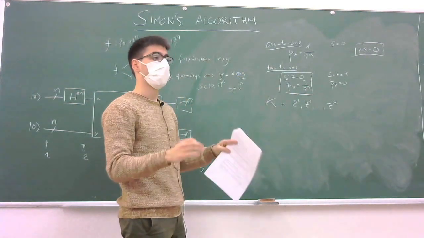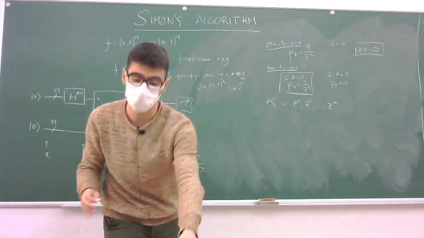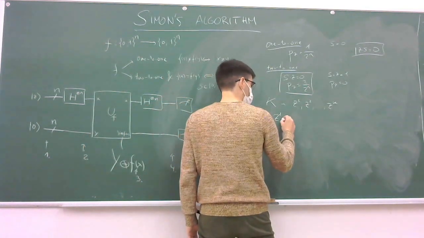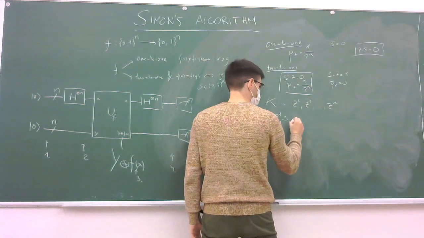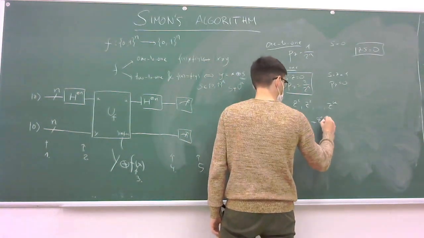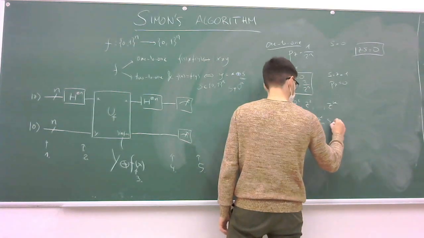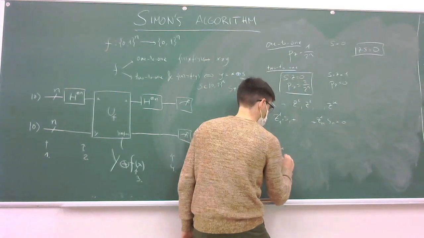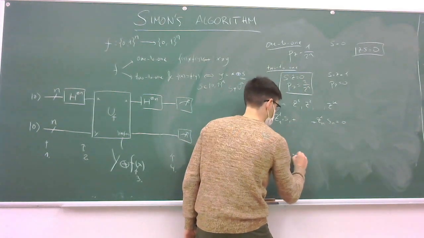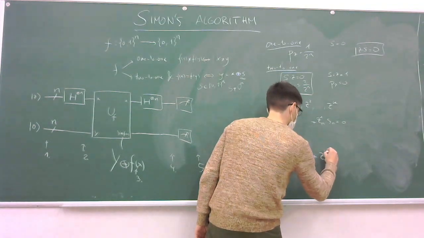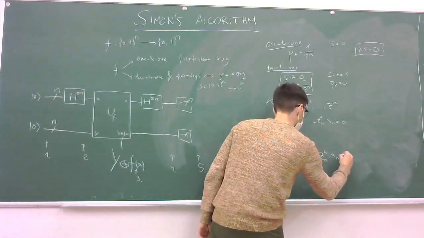So you can build a system of equations with this form: set 1 1 times s1 plus set 1 2 times s2 up to set 1 n times sn is equal to 0, and so on until set k 1 s1 up to set k n sn is equal to 0.